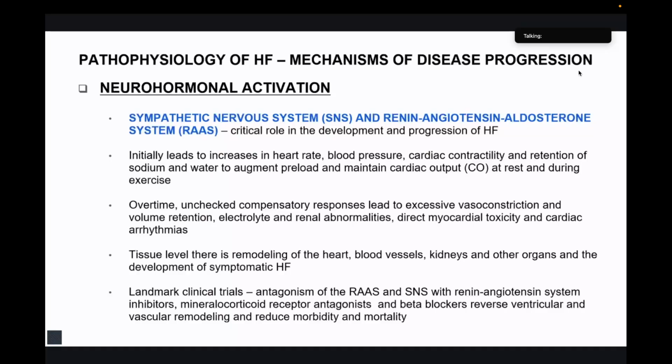Hence, the landmark clinical trials in which there is antagonism of the RAS and SNS with renin-angiotensin system inhibitors, mineralocorticoid receptor antagonists, and beta blockers reverse this ventricular and vascular remodeling and help to reduce morbidity and mortality in heart failure.